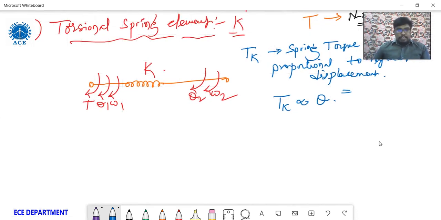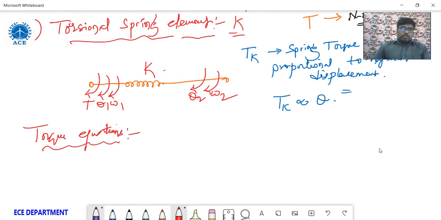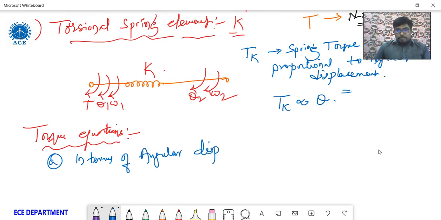Right, so let us write the torque equations for this one, in terms of angular displacement theta.